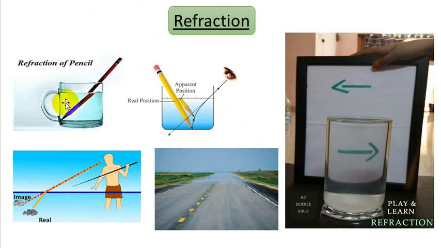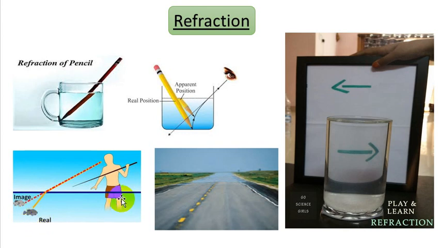For example, here is a fish, but to your eyes it seems to be located in this position. This is the apparent position, and this is the real position of the fish.